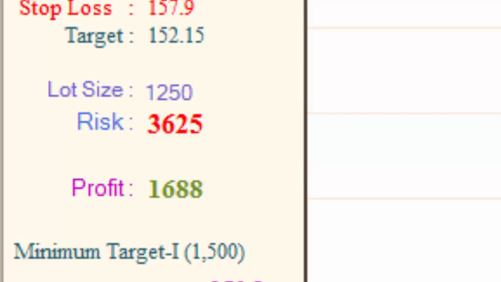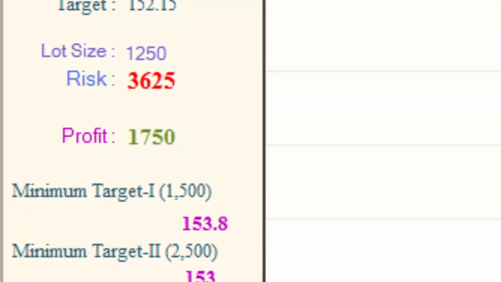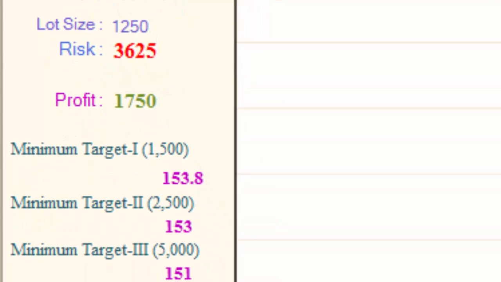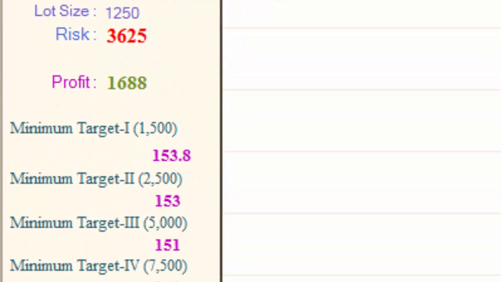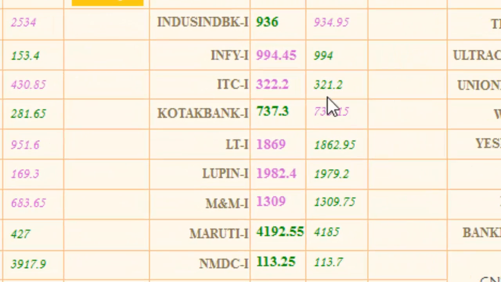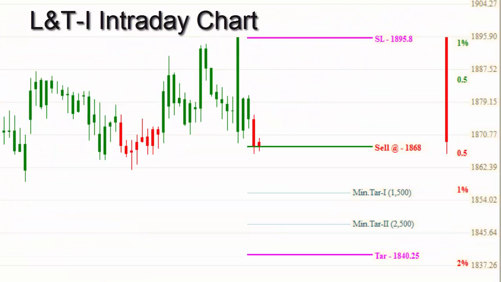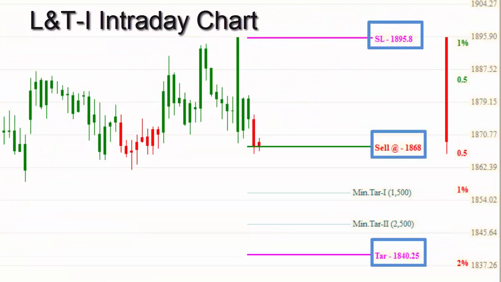The current profit amount is 1750, so you need not wait for the entire target. Always try to book minimum target 1, then your success ratio will be 90%. 90% means if you do 10 trades, out of the 10 you will get at least 8 to 9 calls on the profit side.